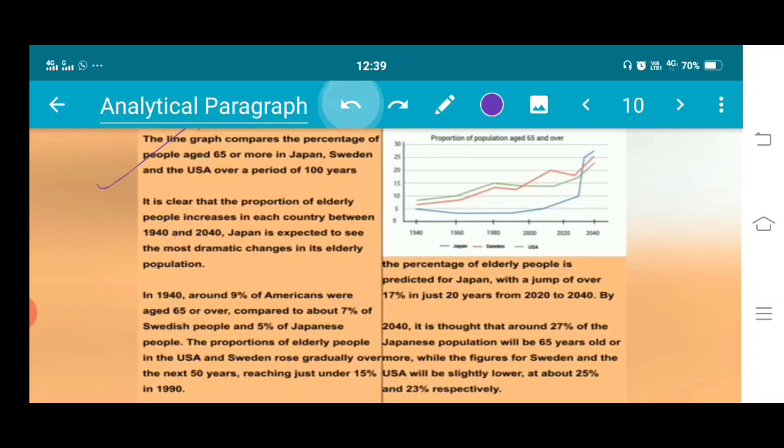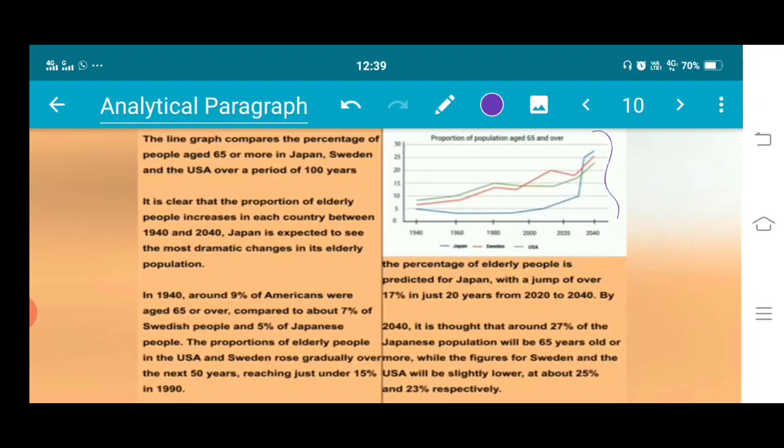Here it is written that it is clear that the proportion of elderly people increases in each country between 1940 and 2040, and Japan is expected to see the most dramatic changes in its elderly population. Here also you can see it in the graph, right?